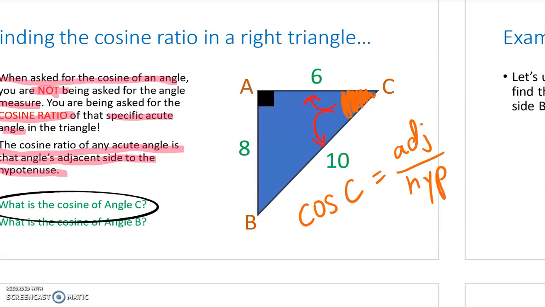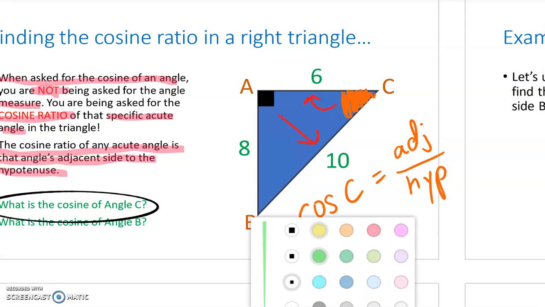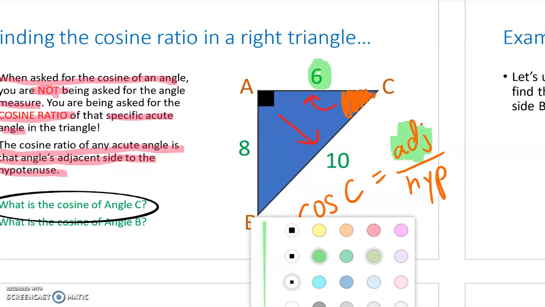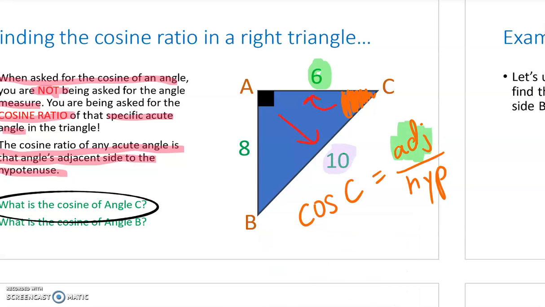It is not going to be 10 because 10 has a special side name. That's the hypotenuse. It's across from the right angle. So the adjacent side to angle C is 6, and the hypotenuse of the right triangle, always across from the right angle, is 10.